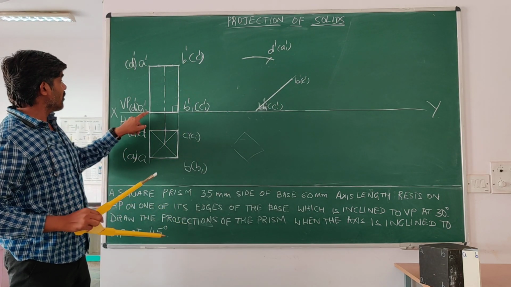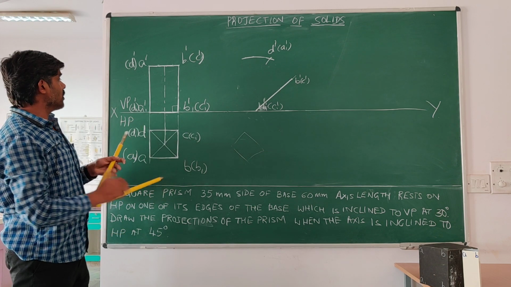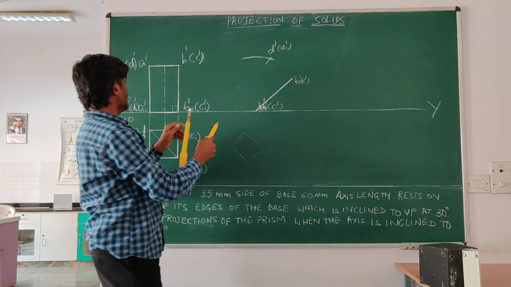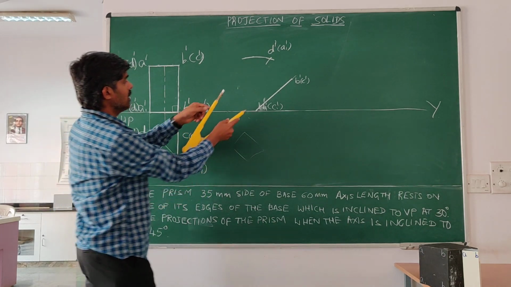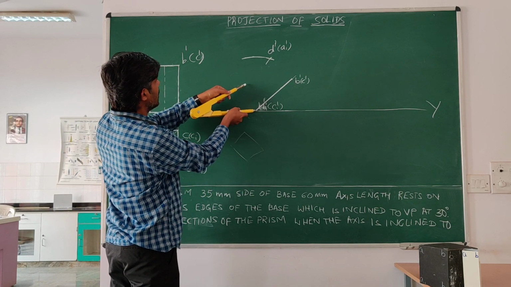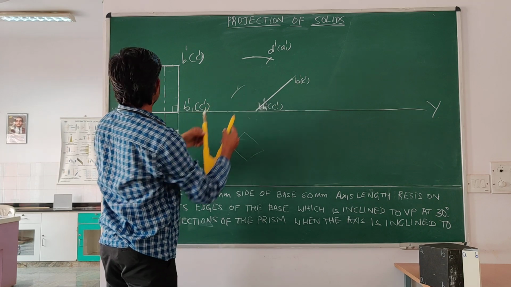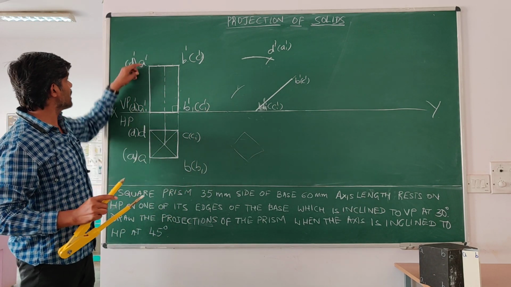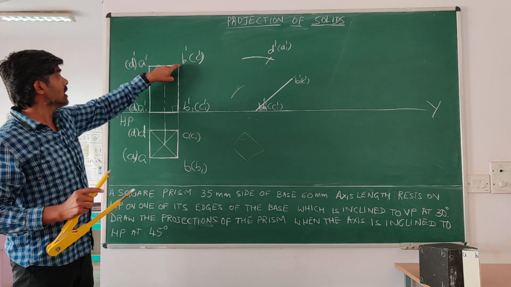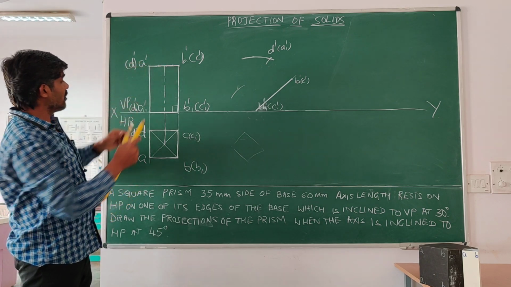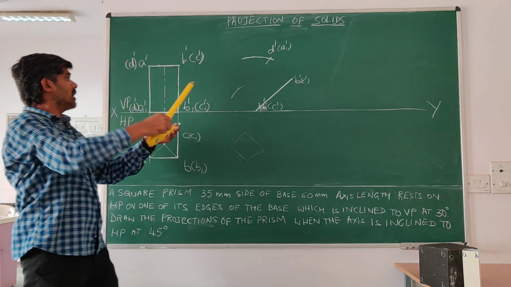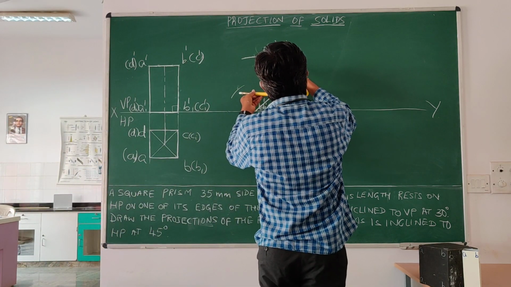Similarly, I want to locate this point. So I take this length. From which point? B1. So with B1 as center, I draw an arc. Then it is up to me to choose any point, whether this point or this point. Both points are there, so let me take this point. Now I take this distance and draw an arc here.